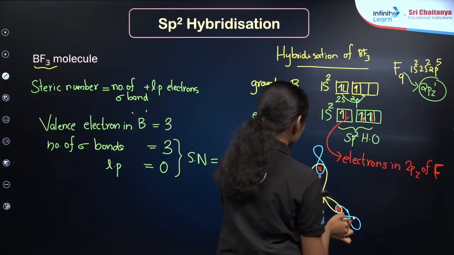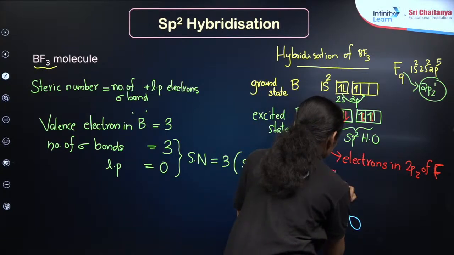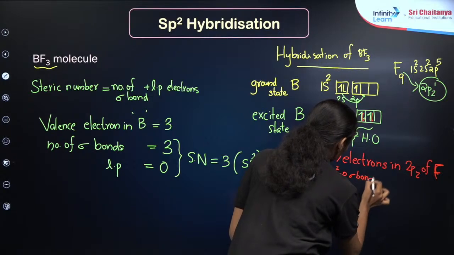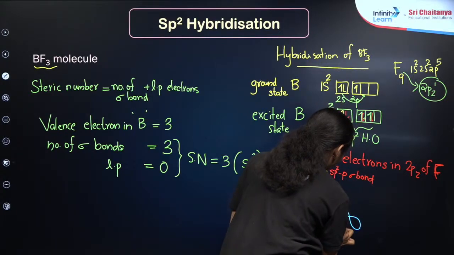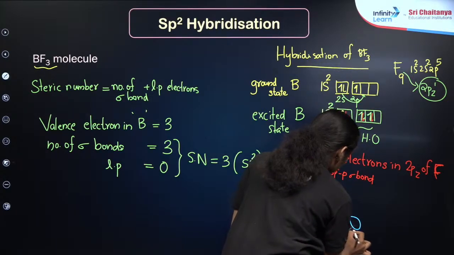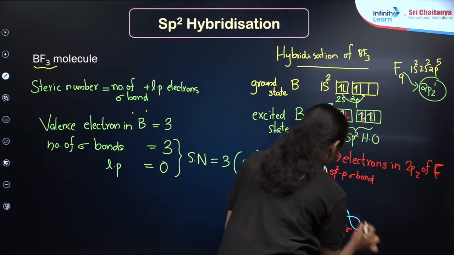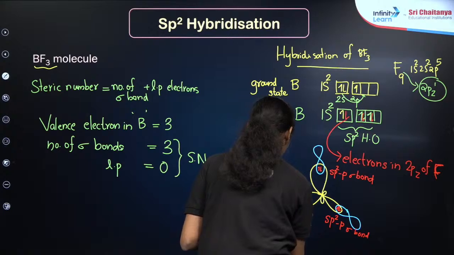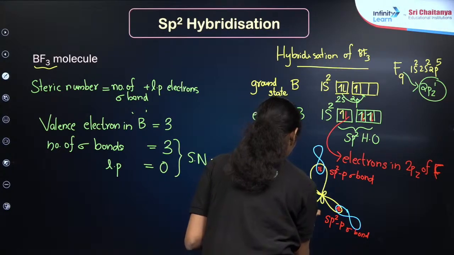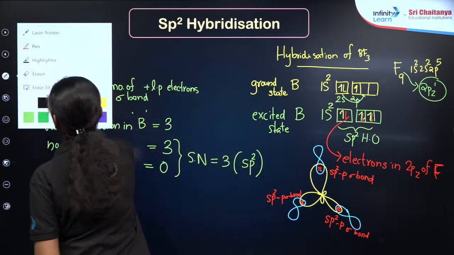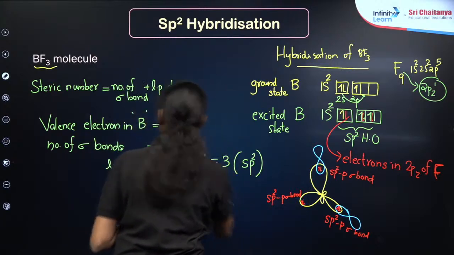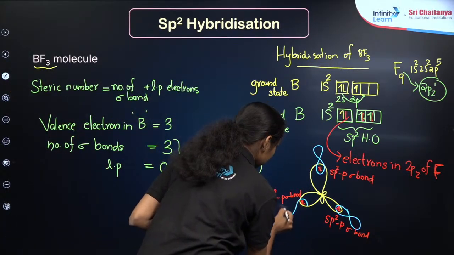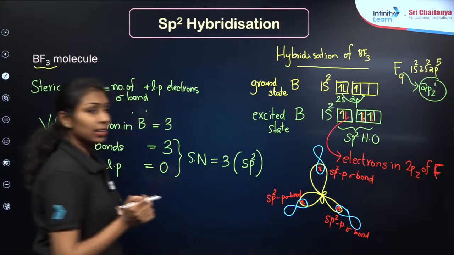These are the sp2 hybridized orbitals forming with p, so we can say that this is an sp2-p sigma bond, right? Here is also an sp2-p sigma bond. In total, 3 sp2-p sigma bonds are forming here in the case of the BF3 molecule. Clear?